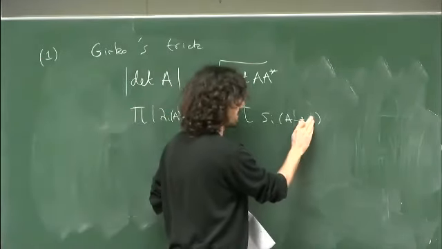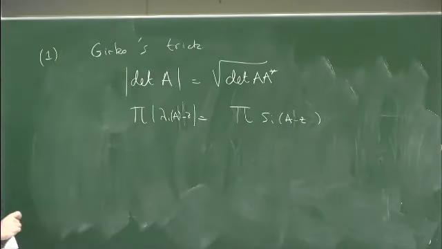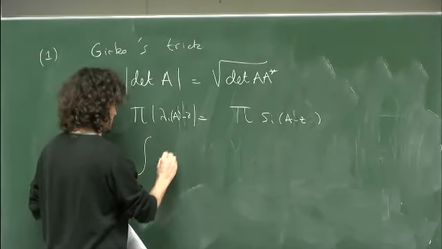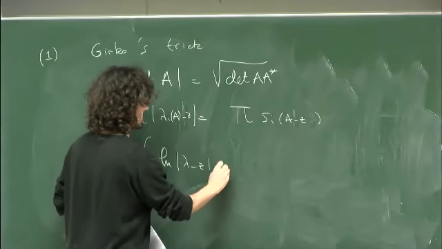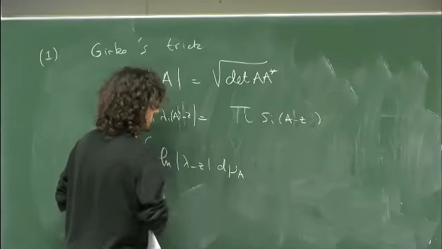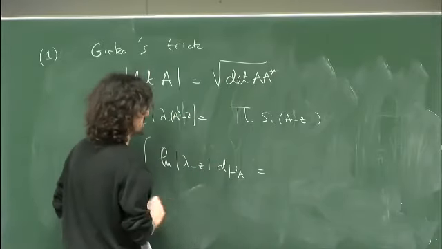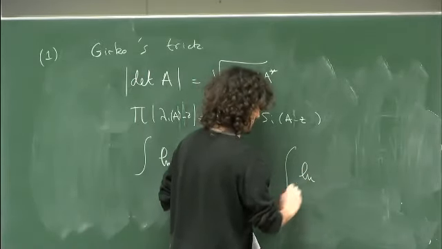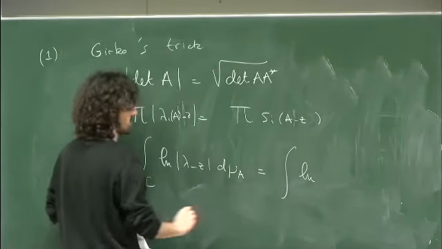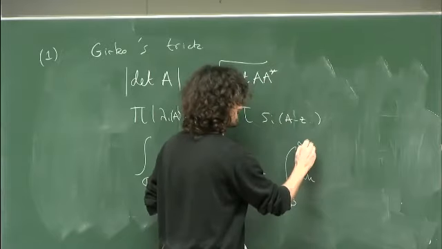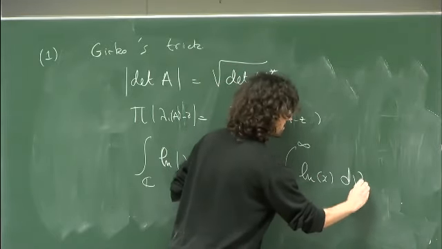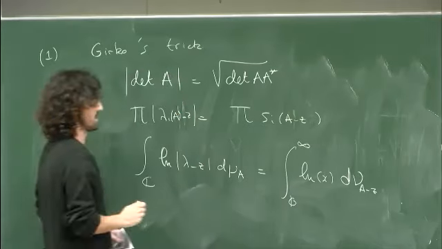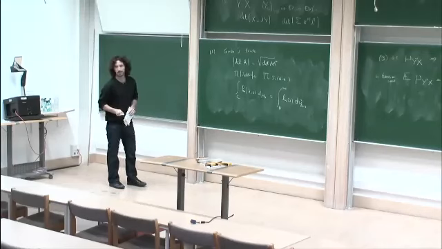So if I take log and 1 over n, I deduce that the integral over C of log of lambda minus Z d mu A is equal to the integral over 0 to plus infinity of the log. Okay, so this is the trick.